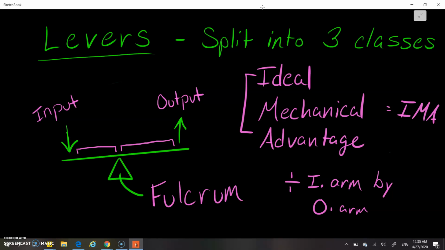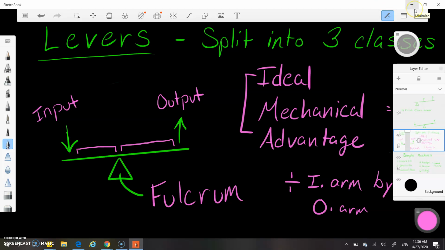Say it's 1 meter each, I would have a 1-to-1 ratio. But if my input arm is twice as long as the output arm, then I would have 2 times the force being outputted, and so on. Or if my output was 2 meters away, then I would have to push down twice as hard, and so on. This is just a generic example of what levers look like.